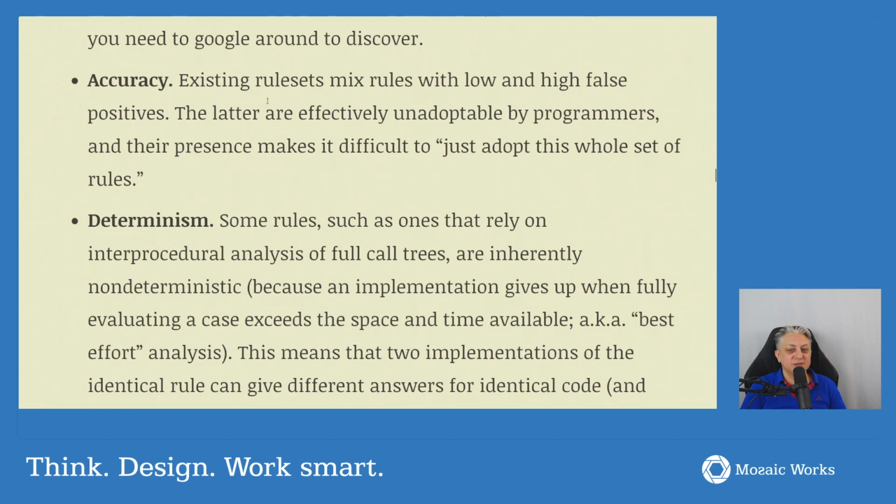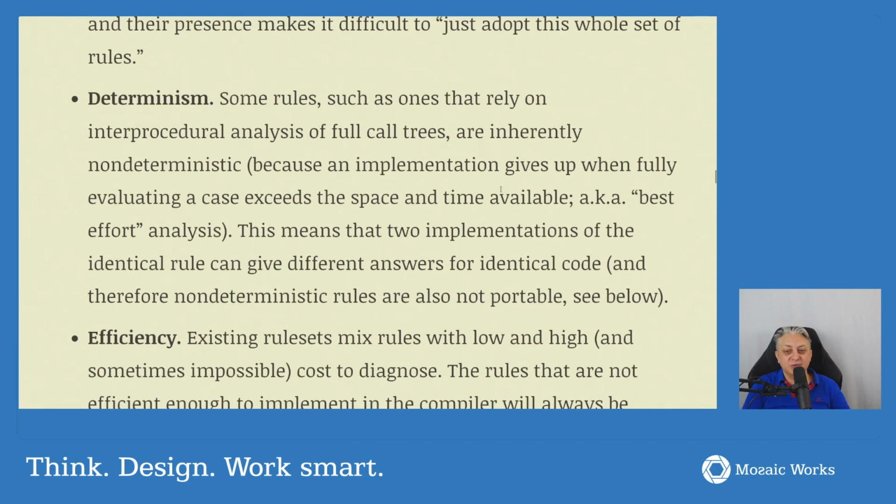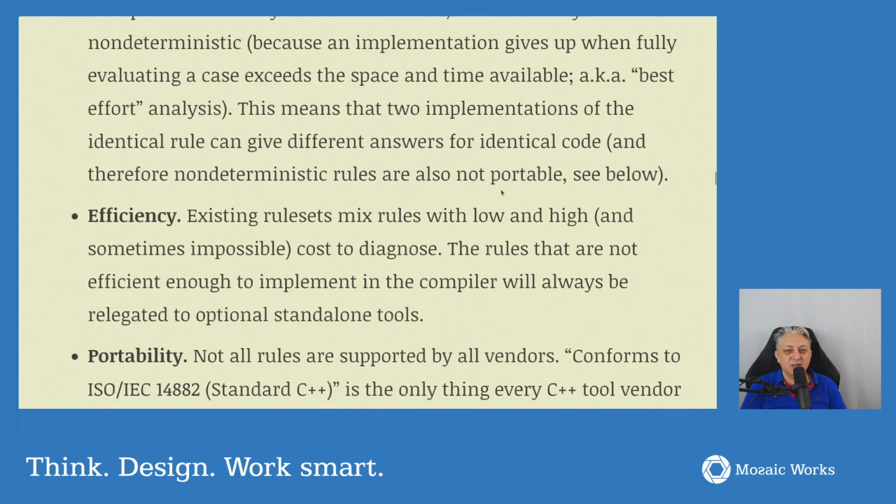Accuracy: existing rule sets mix rules with low and high false positives. The latter are effectively unadoptable by programmers, and their presence makes it difficult to just adopt this whole set of rules. Determinism: some rules, such as ones that rely on interprocedural analysis of full call trees, are inherently non-deterministic because the implementation gives up when fully evaluating a case exceeds the space and time available.